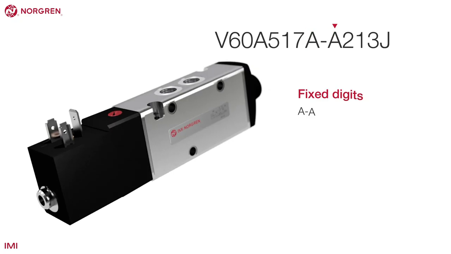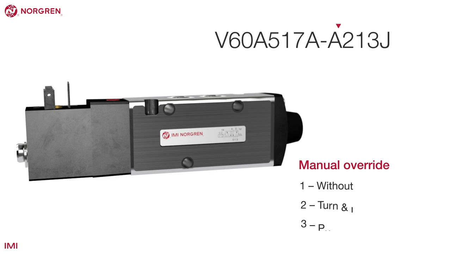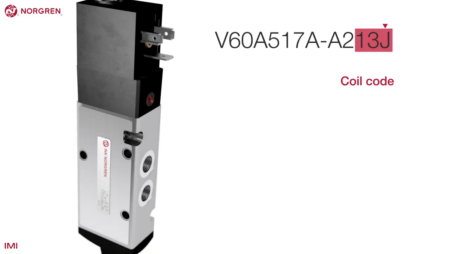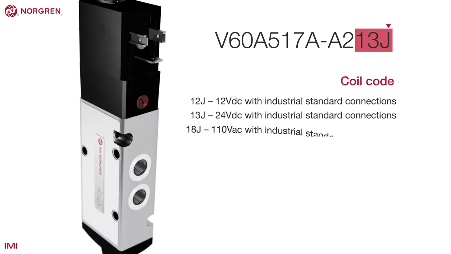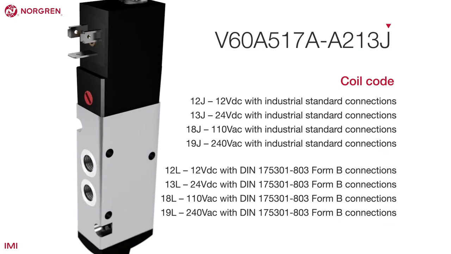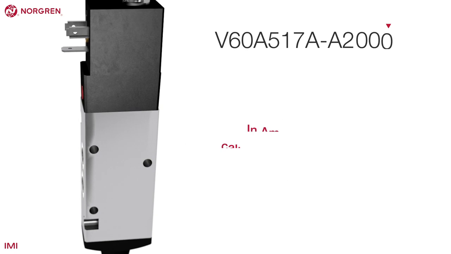The following digits are usually the most relevant when it comes to bespoke options. Digit 10 tells us the manual override option. Digits 11, 12, and 13 relate to the coil code from a table. Finally, if the product is a spare or replacement and required with no solenoid coils, then replace the coil code with 3 zeros.